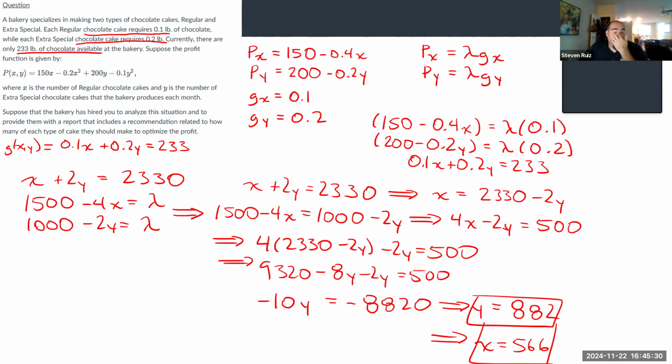All right, let's take a look at it again. X plus 2y equals 2,330. 1,500 minus 4x equals lambda. 500. 5 times 200 is 1,000. Okay, here's my problem.